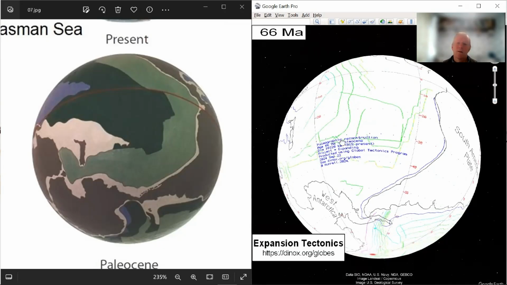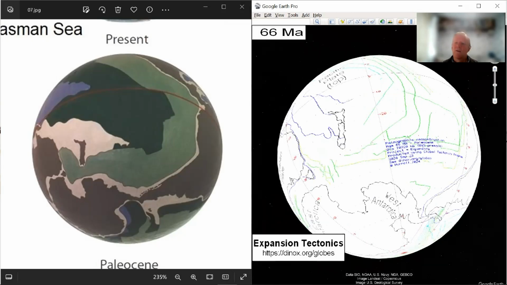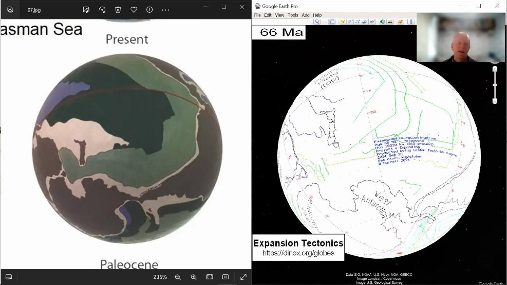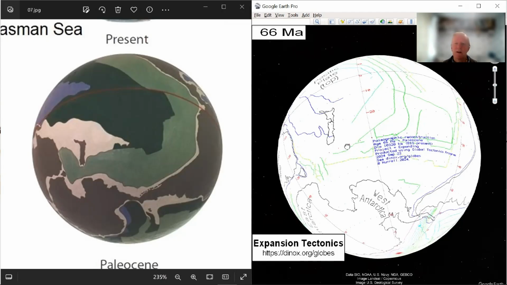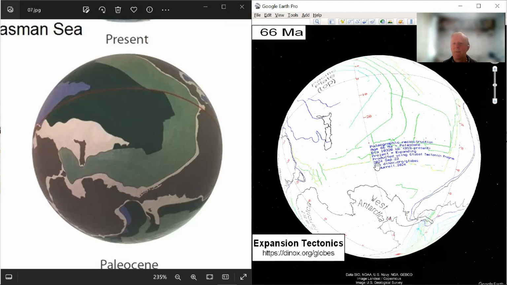Again, slightly different viewpoints, but it looks pretty much the same to me.